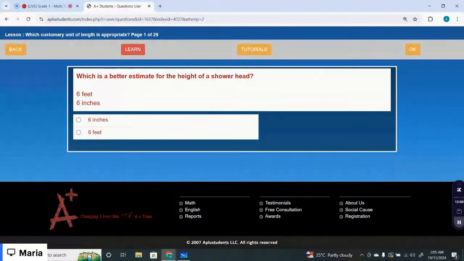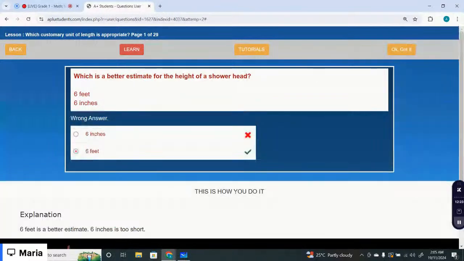The correct option is 6 inches, right? That's just a shower head, so it must be 6 inches. Option number 1 is the correct option. Oh, 6 inches is too short. It would be 6 feet. The correct option is 6 feet. Sorry.